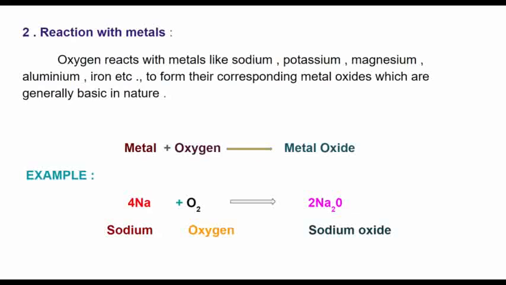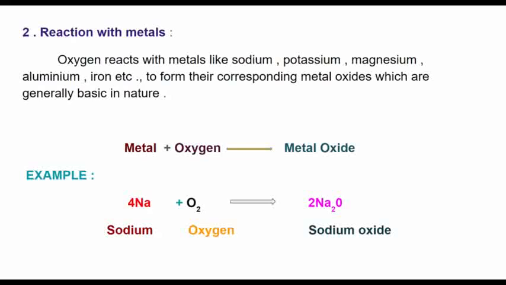Reaction with metals. Oxygen reacts with metals like sodium, potassium, magnesium, aluminium, iron, etc. to form their corresponding metal oxides, which are generally basic in nature. Metal plus oxygen gives metal oxide.